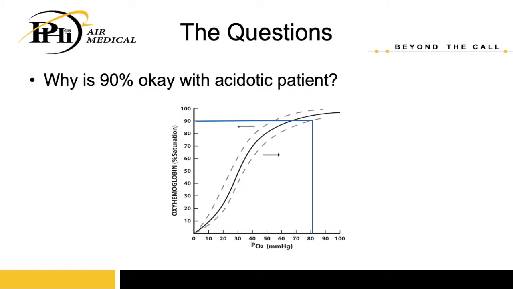So in the acidotic patient, 90% saturation is totally fine, whereas in a completely normal patient, 90% saturation is pretty marginal. We really want to see it higher than about 93%.